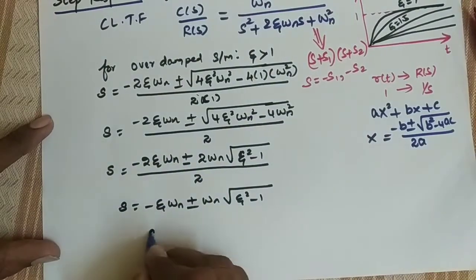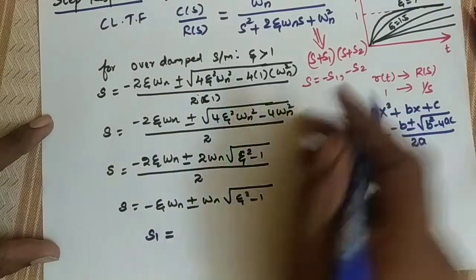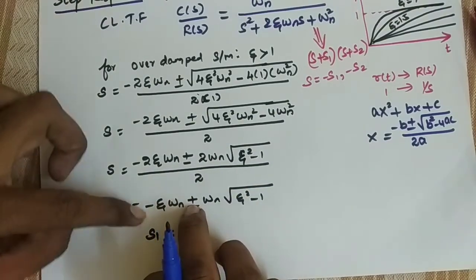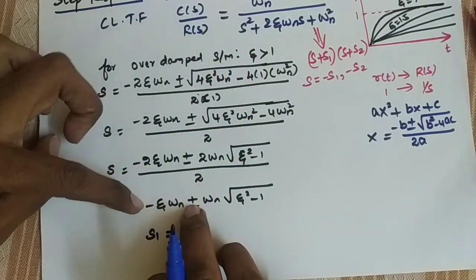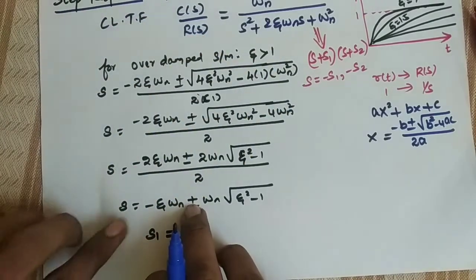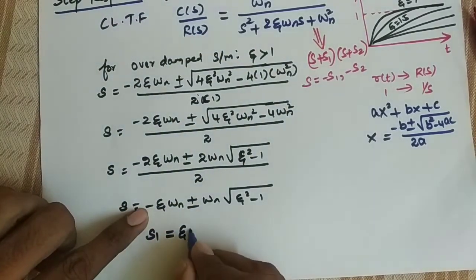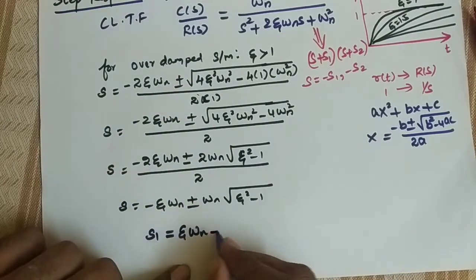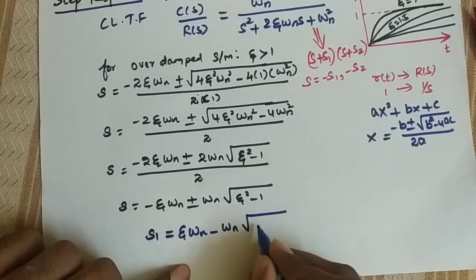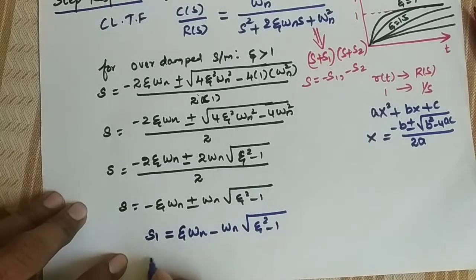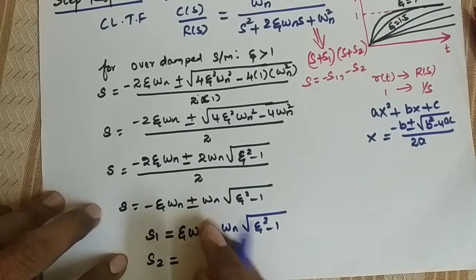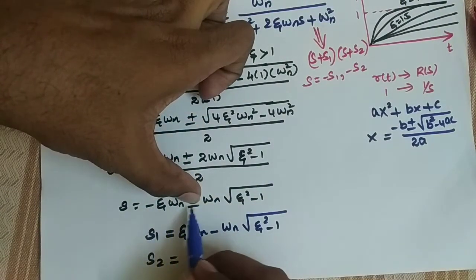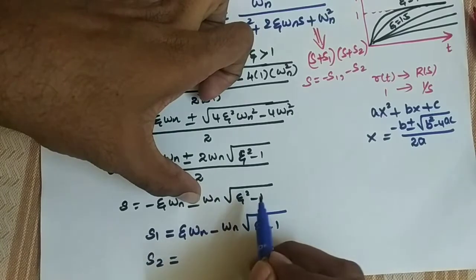So s1 is minus of the first solution. Minus s1 is minus into minus, plus eta omega n, plus minus into minus, minus omega n root of eta square minus 1. Similarly, s2 is minus eta omega n minus omega n root of eta square minus 1.